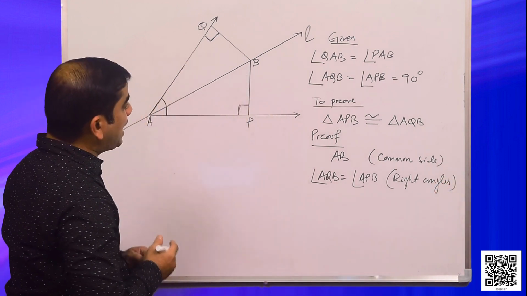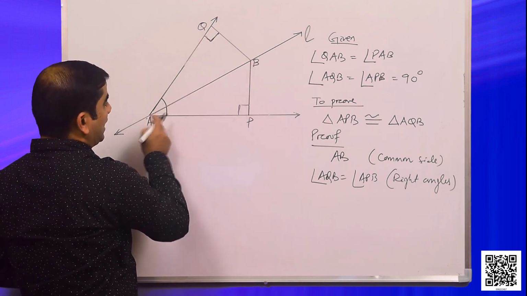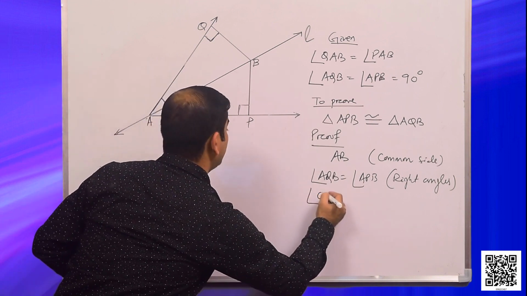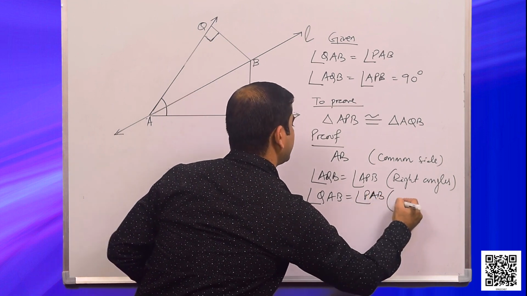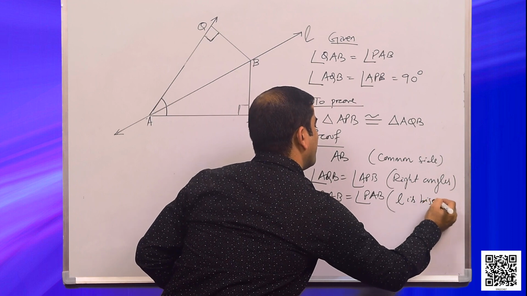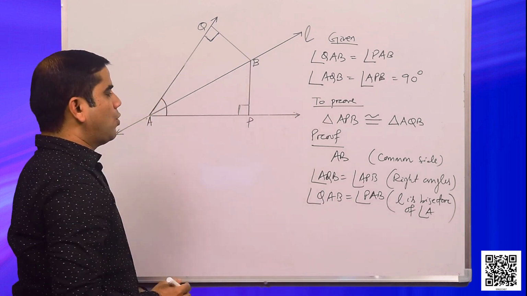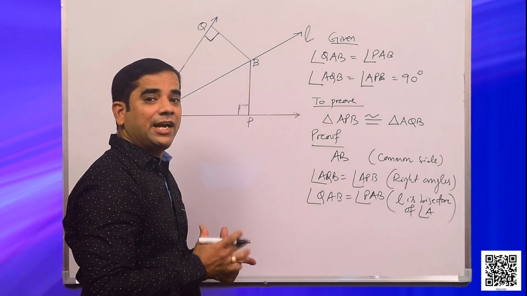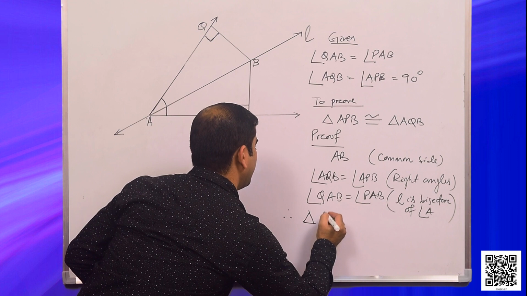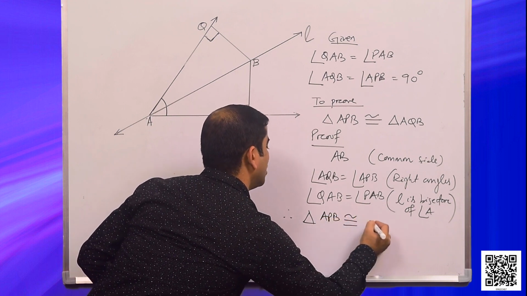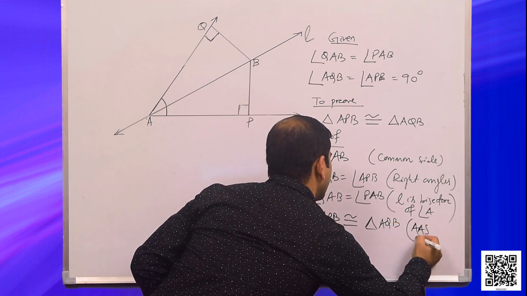And we have the given data that L is the bisector of angle A, that means angle QAB is equal to angle PAB. Why? Because L is the bisector of angle A. So now we have a common side and two pairs of equal angles. That means triangle APB is congruent to triangle AQB by AAS congruency.